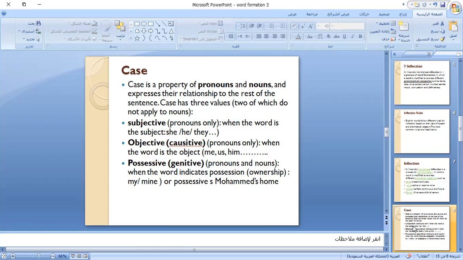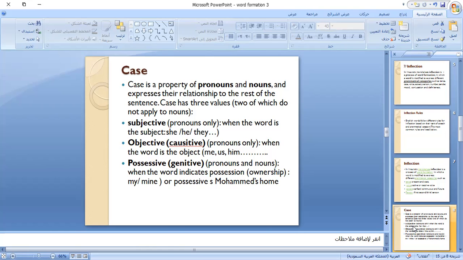Now, the first case of pronouns here is the subjective, when a pronoun acts as a subject: I, he, we, they, you. The objective, or what is called accusative, is when a pronoun is used as an object, for which we have a new word.